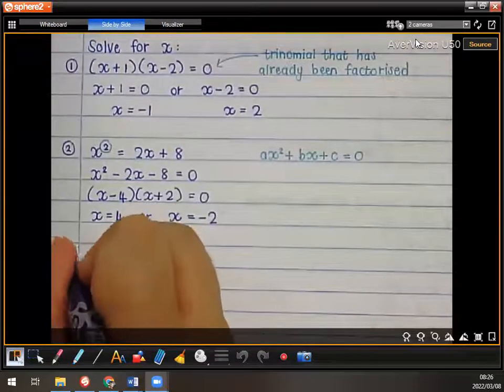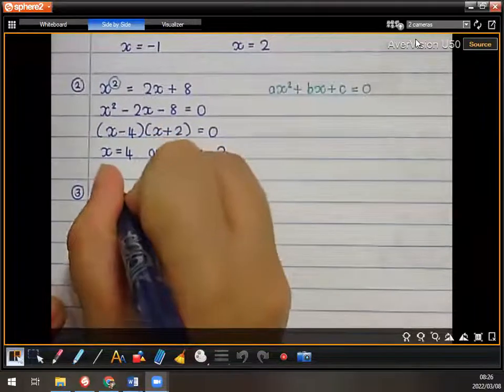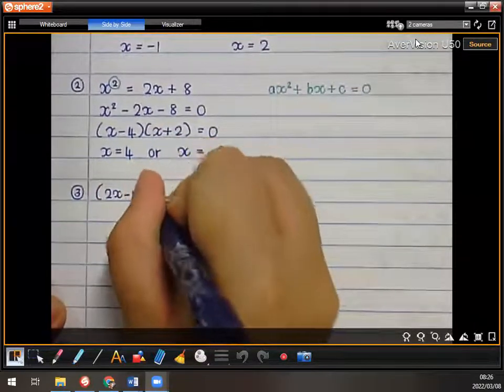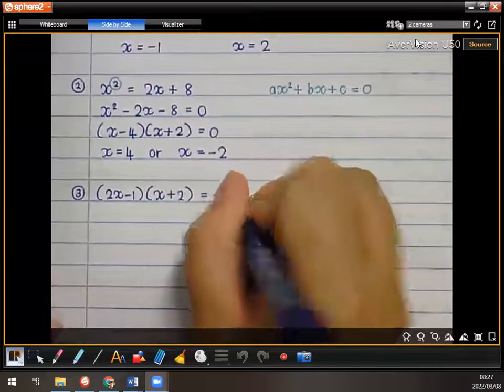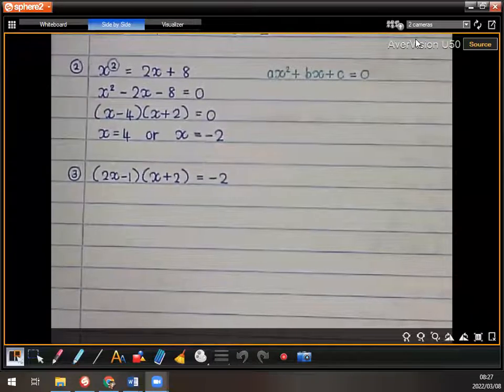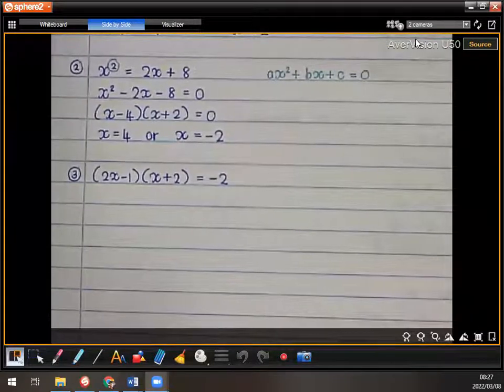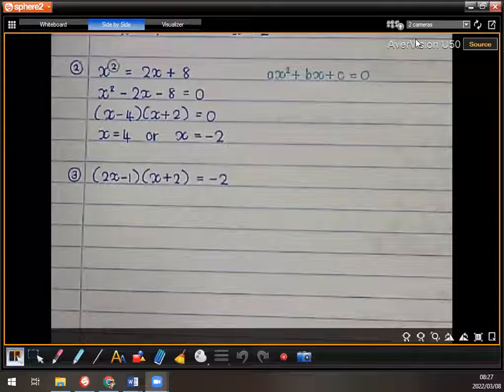Okay, let's do another one quickly. 2x minus 1 times x plus 2 equals negative 2. Now guys, in this case, can I just say the first bracket equal to 0 or the second bracket equal to 0?